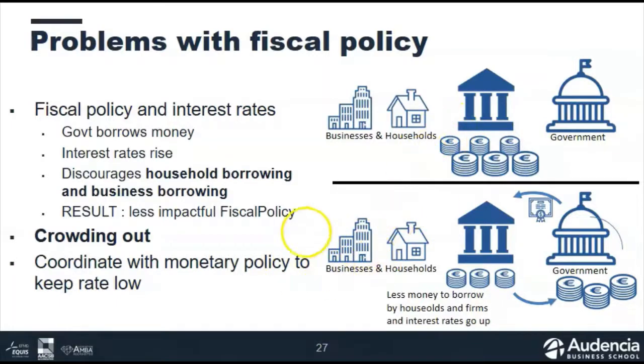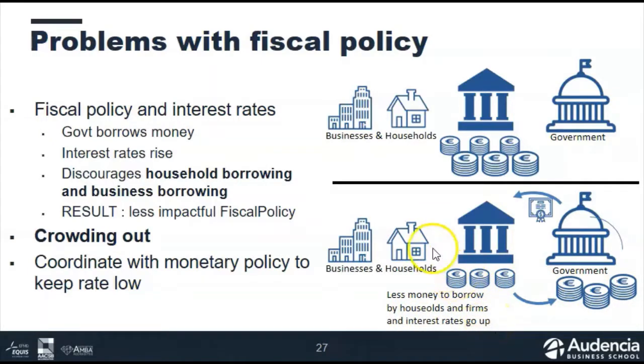Now, the bad thing about this is that as the money flows from the bank to the government, there's less money for households and businesses. Okay, and this is a significant problem. Less money to borrow, because it's been given to the government, usually results in higher interest rates.